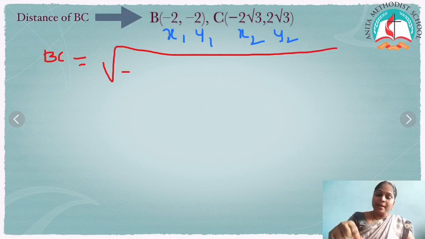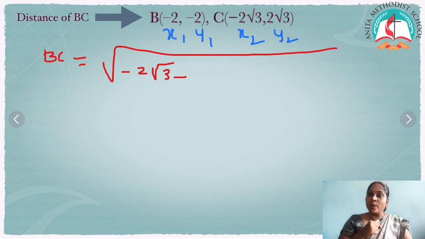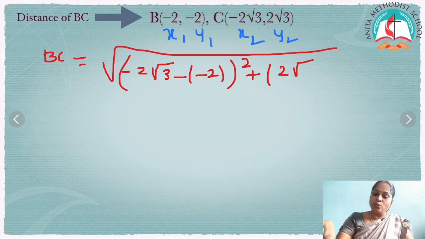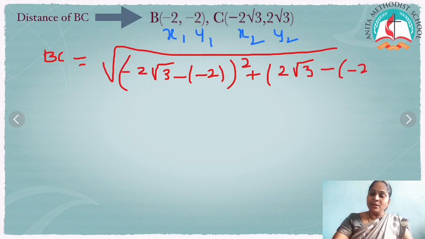What is x2? -2 root 3 minus, what is x1? It is -2, the whole square, plus what is y2? 2 root 3 minus, what is y1? -2, the whole square.